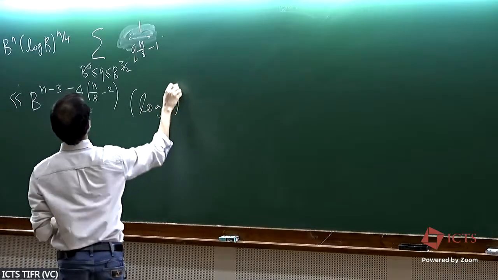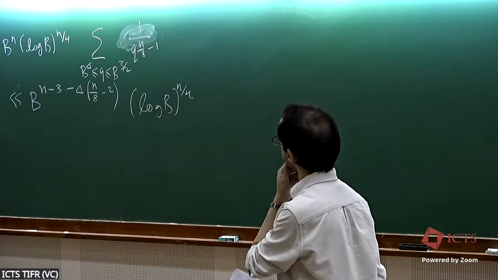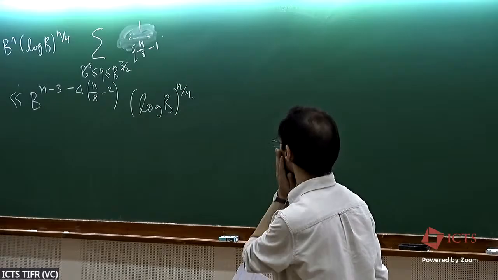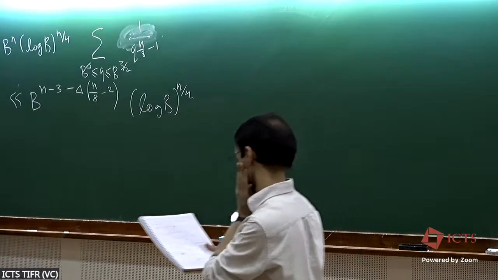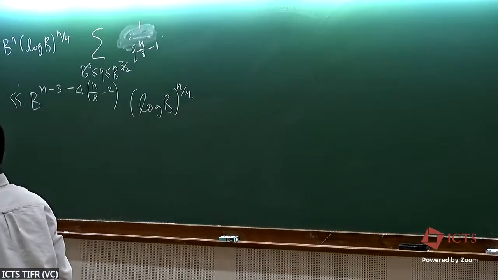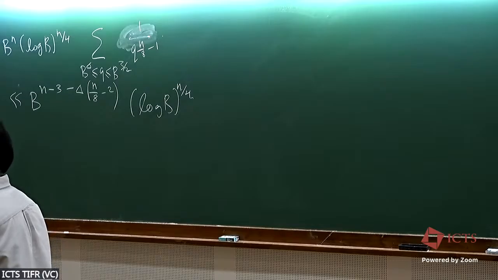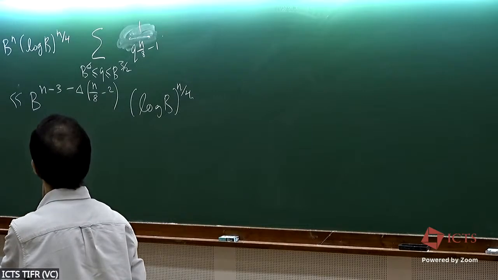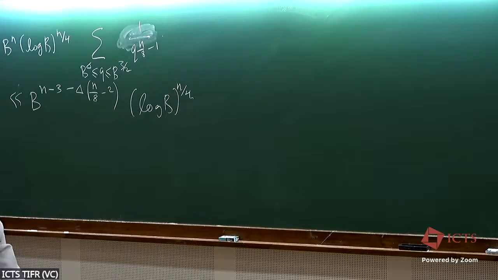Let me just make sure this is okay. Or let me see if I made an error here. N minus 3 by.